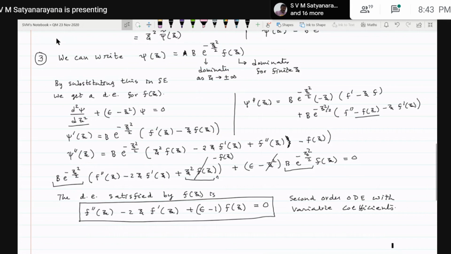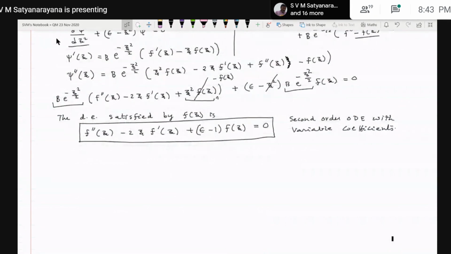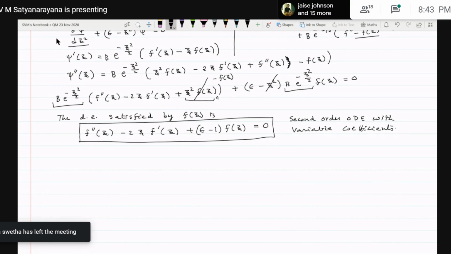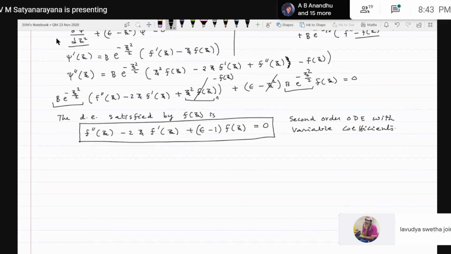This is fine, because this is an equation where every point between minus infinity and plus infinity is an ordinary point. So you can solve this by using the power series method. So the solution of this one, okay, using power series method.